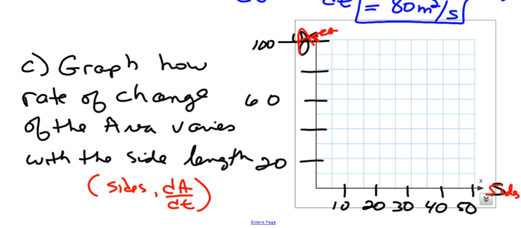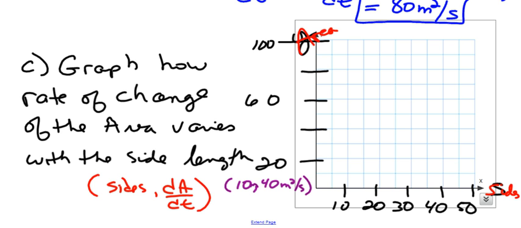So if this is the way I want to look at it, I've got from parts A and B two points. My first point would have been when the side was 10 meters, my rate of change was 40 meters squared per second.